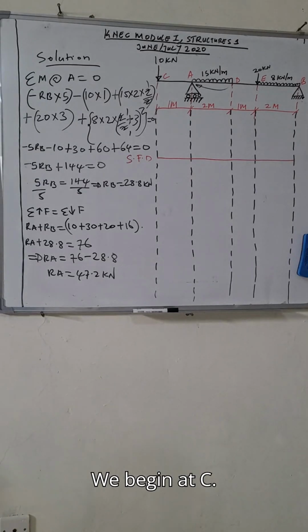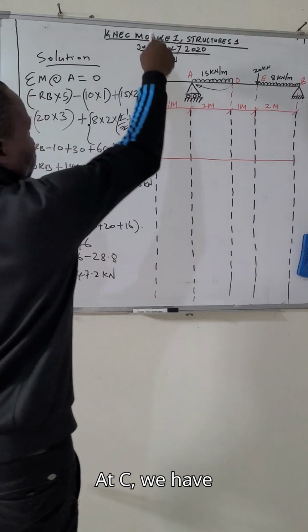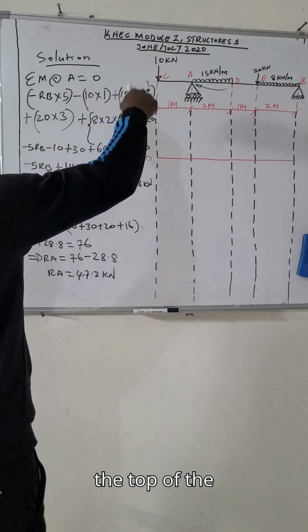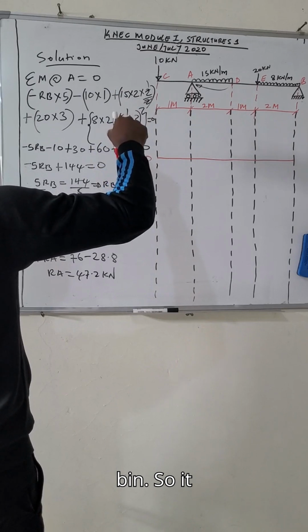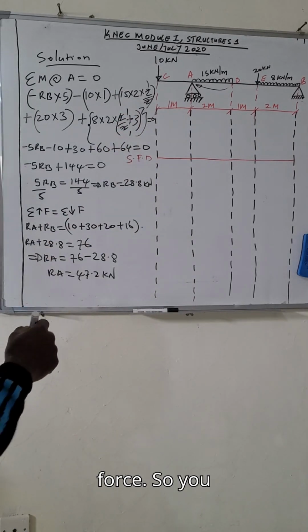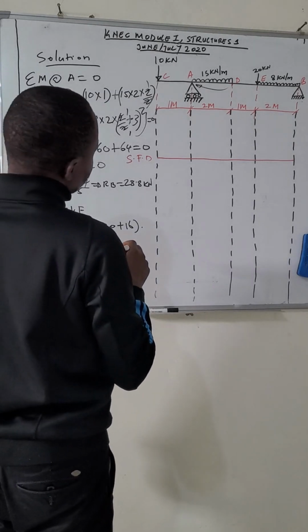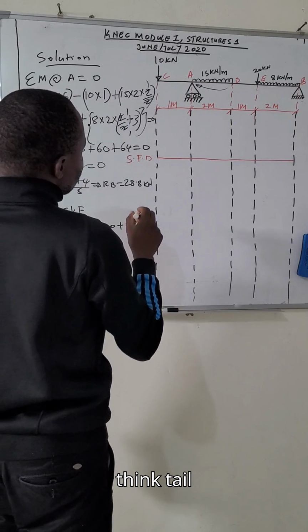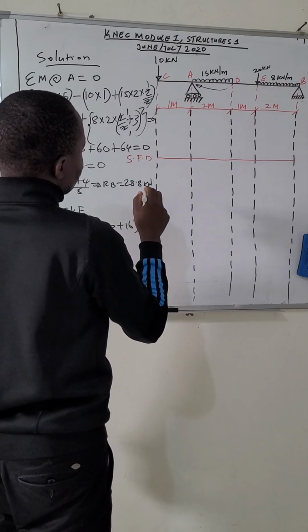We begin at C. At C, we have a loading which is on the top of the beam, so it will be a negative shear force. So you approximate where you think 10 can be.